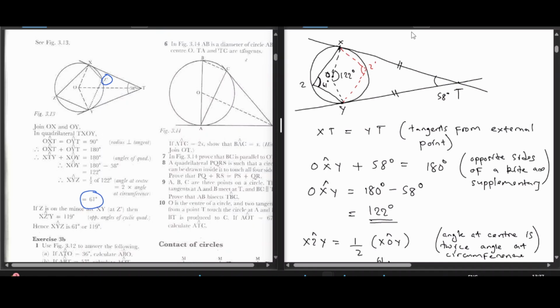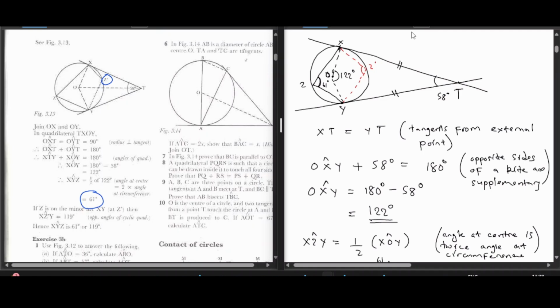Let me explain my method. First we saw that we are given tangents which are external to the circle, meaning they come from an external point which is T. The first thing we do is make up a kite, because we want to use properties of a kite.